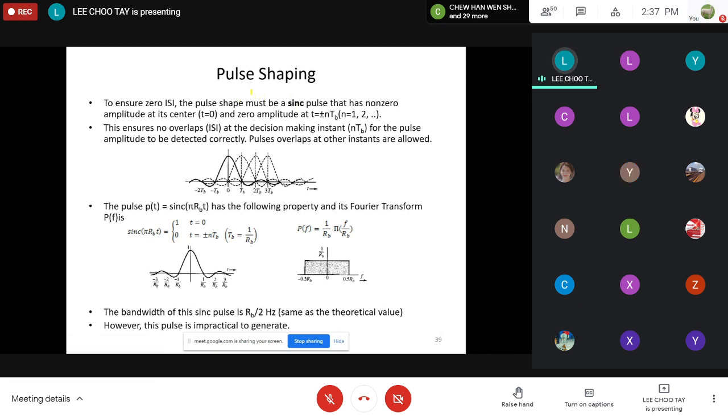But in practice, we don't really send the rectangular pulses as they are, for two reasons. First, the rectangular pulses are going to occupy a very large bandwidth. And second, the rectangular pulses, if not dealt with properly, will overlap. Once they overlap, your signal won't be able to be recovered correctly.